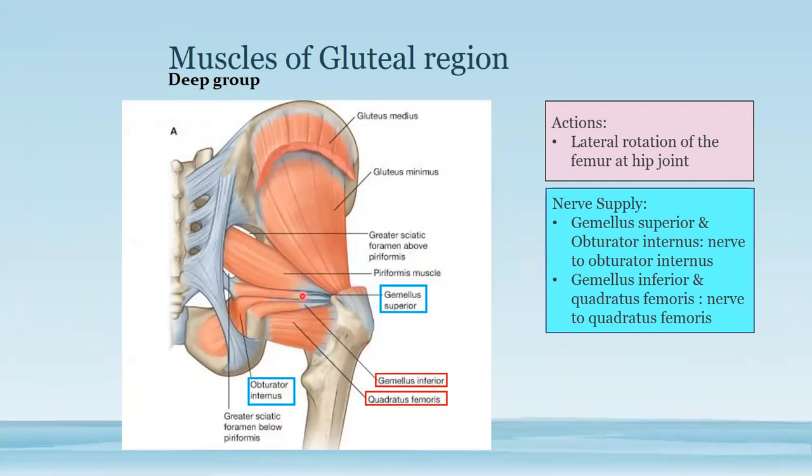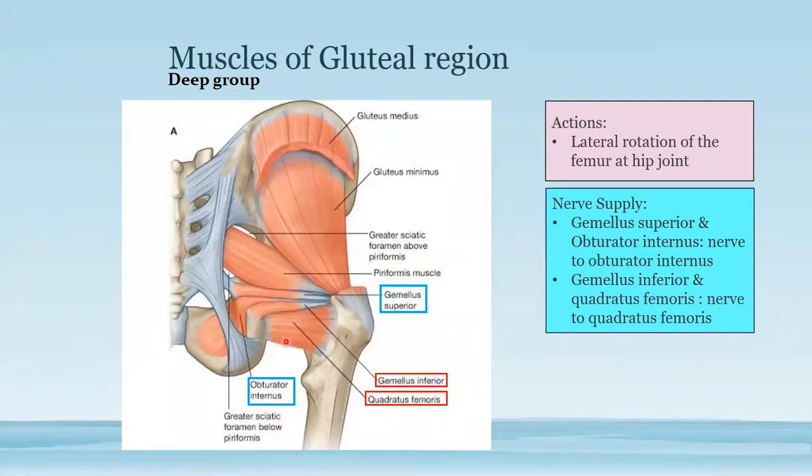Okay, one is the gemellus superior, and then you have the obturator internus, which covers the obturator foramen internally. And then you have the gemellus inferior below the obturator internus, and quadratus femoris.